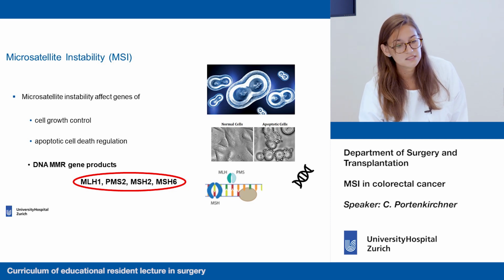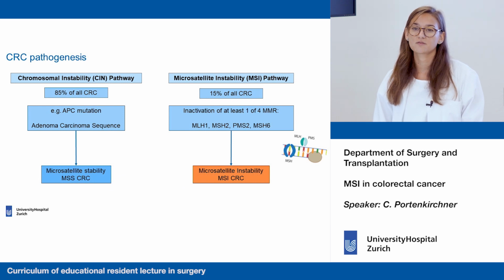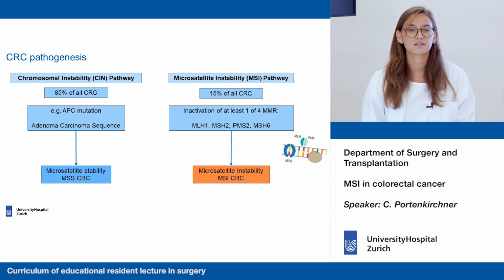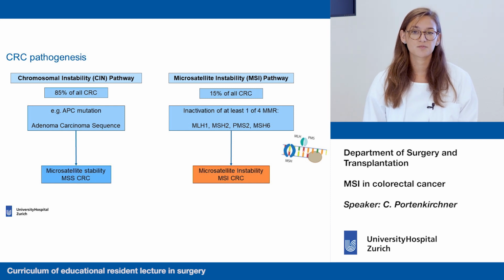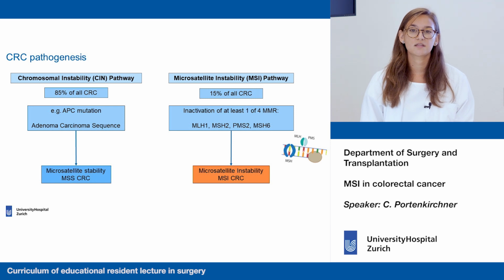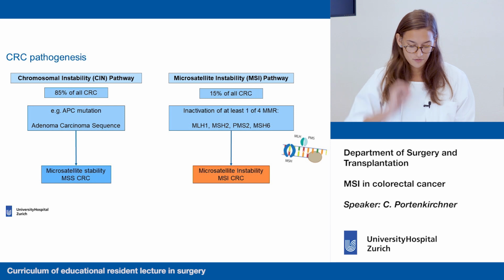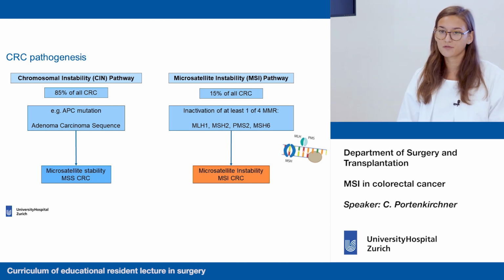In colorectal pathogenesis, we have two pathways: the chromosomal instability pathway and the microsatellite instability pathway. 85% of colorectal cancers are due to chromosomal instability, whereas 15% are due to microsatellite instability. The chromosomal instability pathway is due to the adenoma-carcinoma sequence.